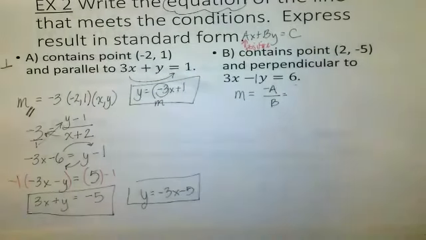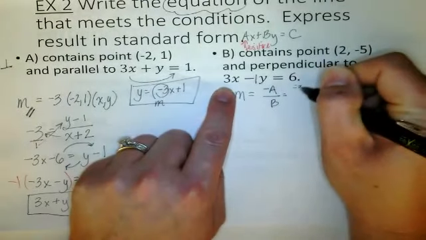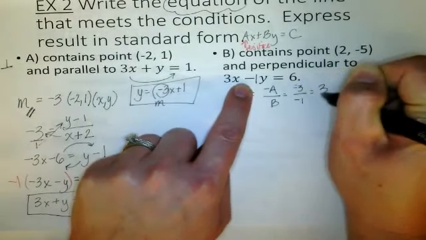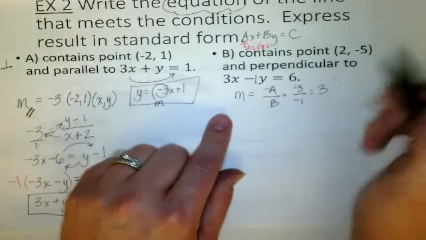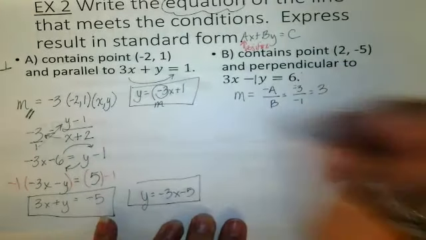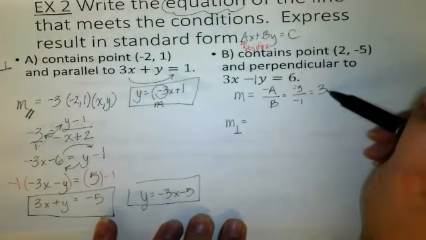So if we want to use the shortcut with the opposite of a over b, that's going to be negative 3 over negative 1. So we get the slope of positive 3. But we need what kind of slope? Yeah, we want a perpendicular slope, so that's going to be what?